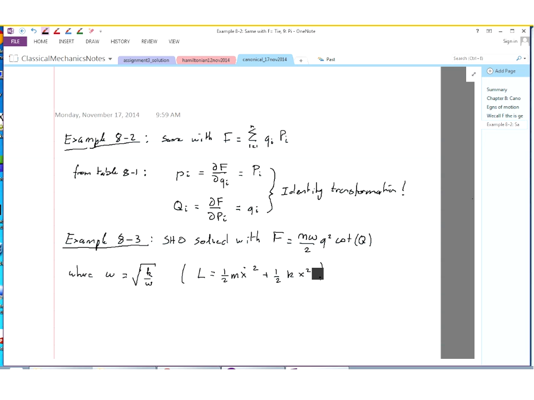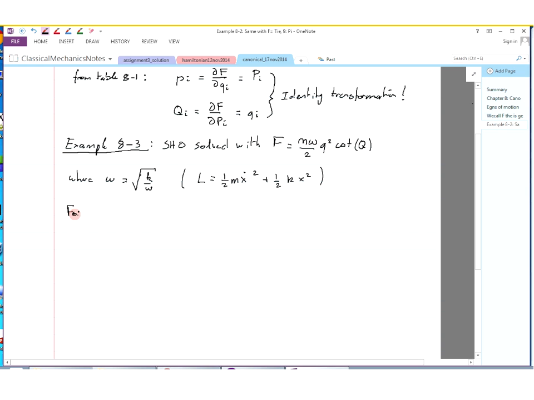So that's the problem that we want to solve, or we want to see what happens when we use this generating function to transform the coordinates from the little q's to the big Q's, little p's to big P's. All right. So if instead of calling it x and px, I'll just call it q. So I'm just going to say that q is equal to x, right?